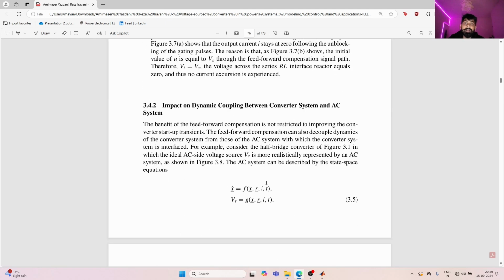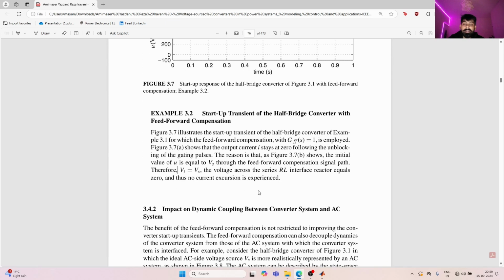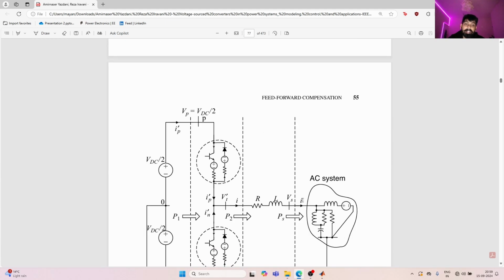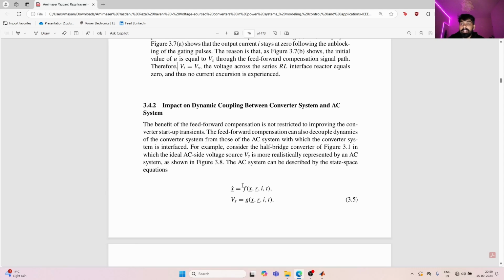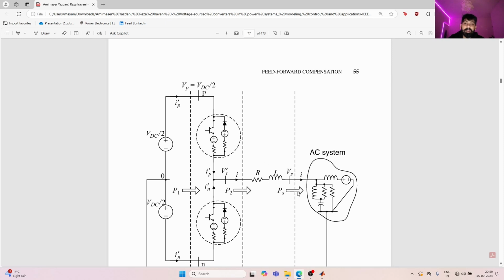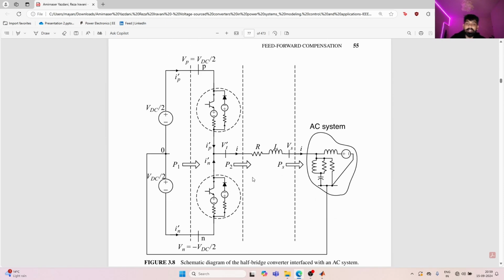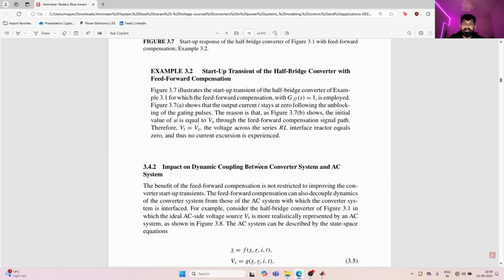But with a feed forward compensator, if we give the control the information of the AC system in the initial stage, then we can avoid those oscillations in the voltages and currents of the system.